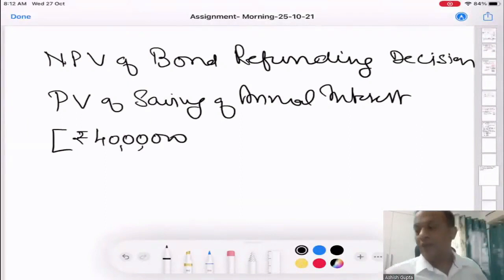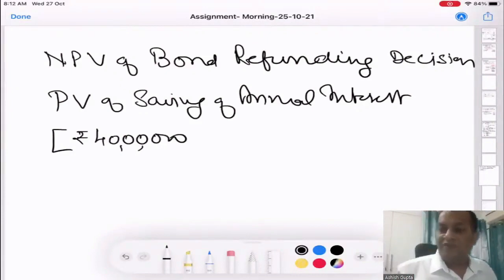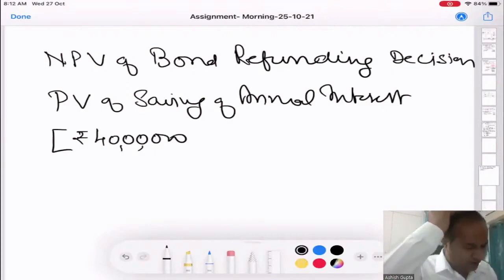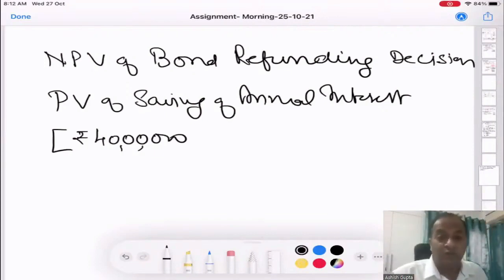Student, in the question we have been given the present value factor. Whenever in the examination you have been given the present value factor, you should consider them only, because the important consideration is the decimal point.